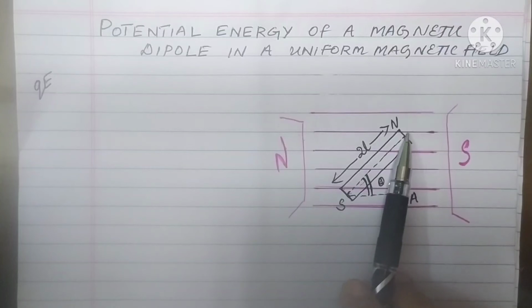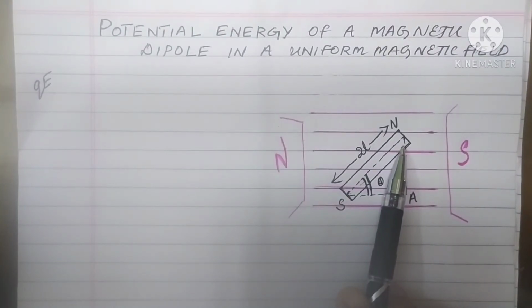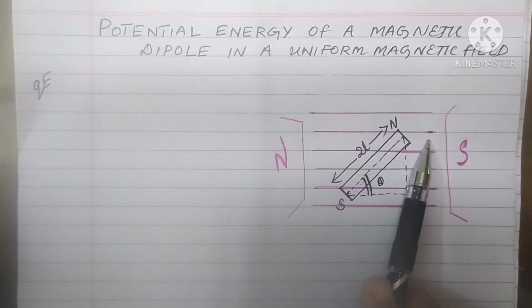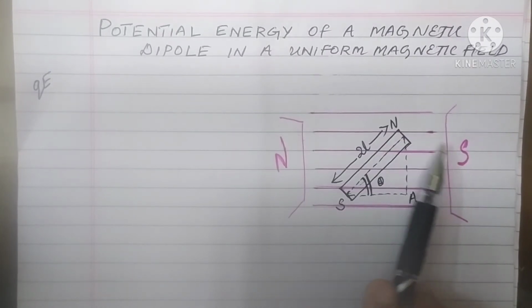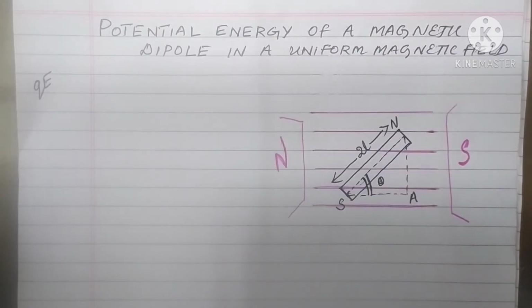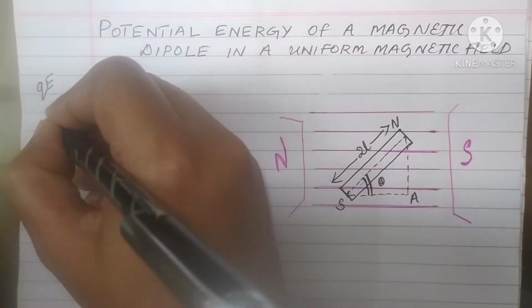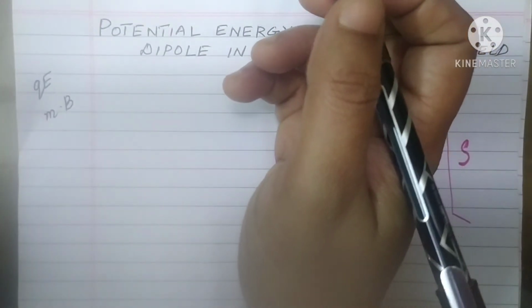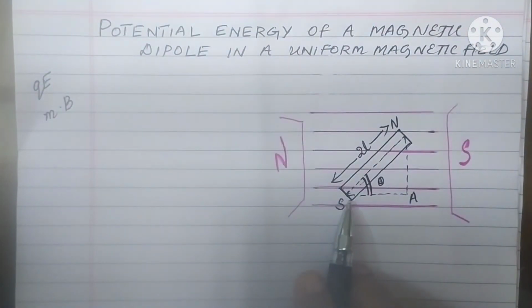Now in the case of poles, it is pole strength. So what will be the force acting here? You know this is the north pole, so there is a force in the direction of the field, isn't it? It is given by the pole strength M into the magnetic field, MB. Similarly here it is the south pole, so there will be a force acting in the opposite direction, given by MB again.